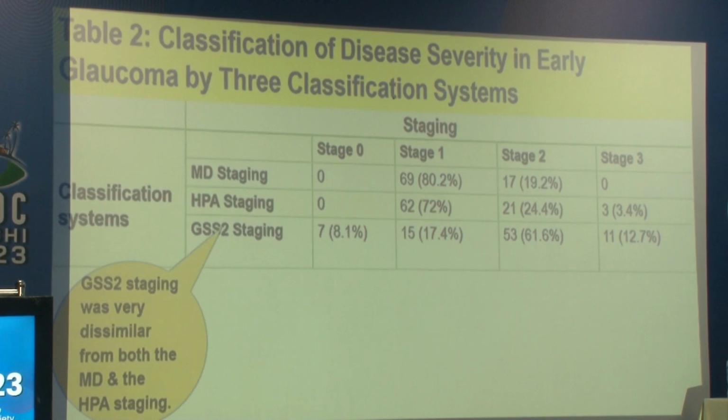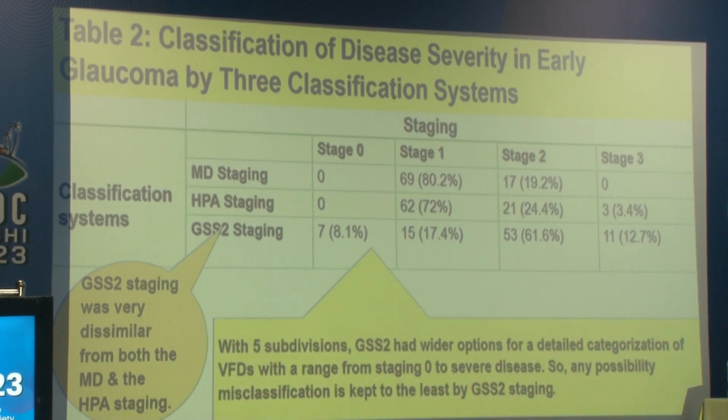However, the GSS2 staging was very dissimilar from both. With 5 subdivisions, GSS2 had wider options for a detailed categorization of the visual field defects with a range from stage 0 to severe disease, so any possibility of misclassification is kept to the least by GSS2 staging.